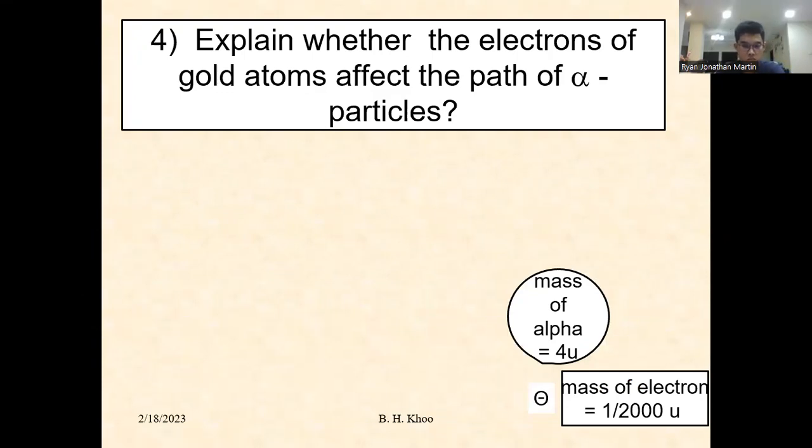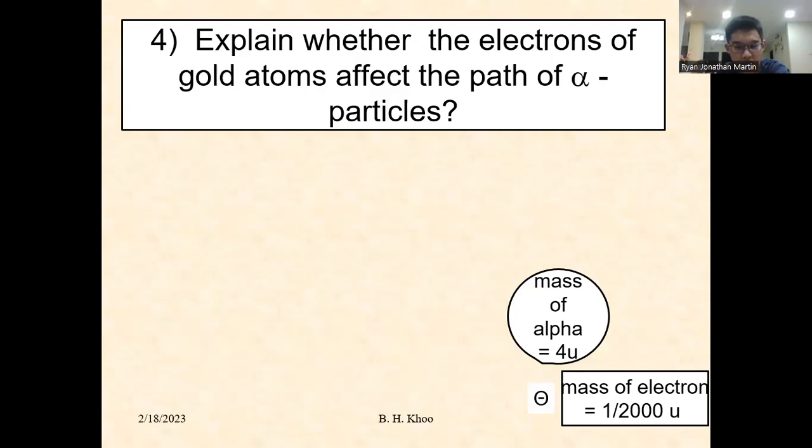Explain whether the electrons of the gold atoms affect the path of the alpha particle. Does it affect? I don't think so. No. Think of your alpha particle like an elephant, and you are the electron.